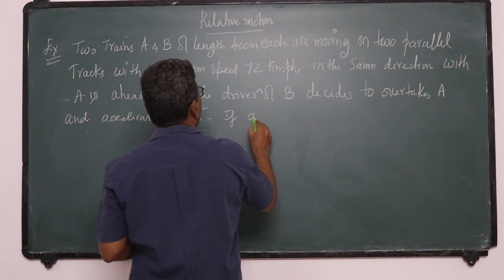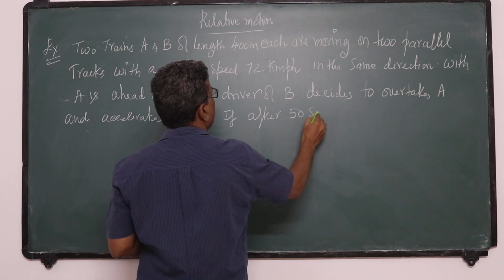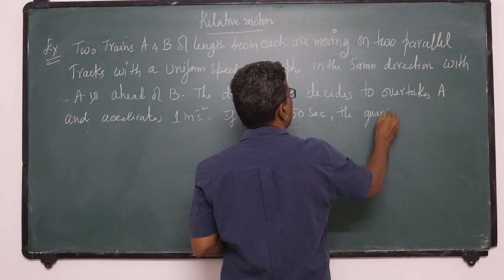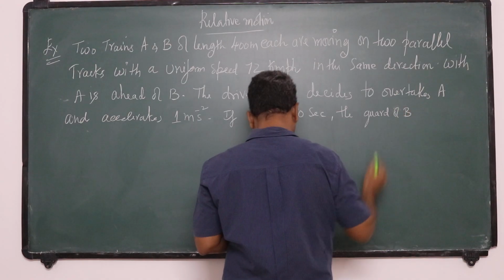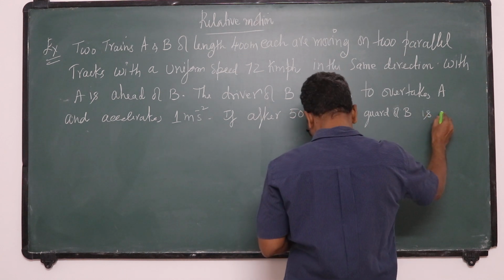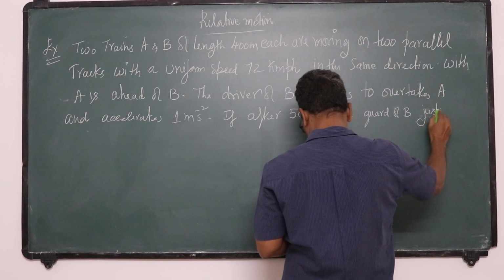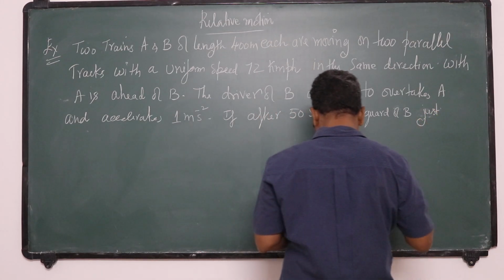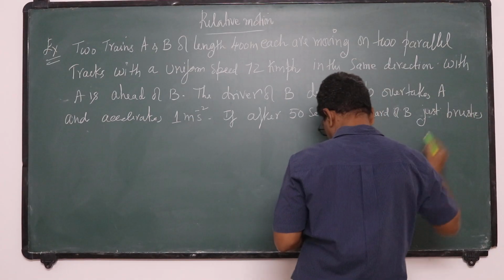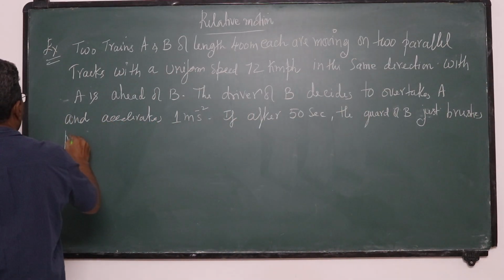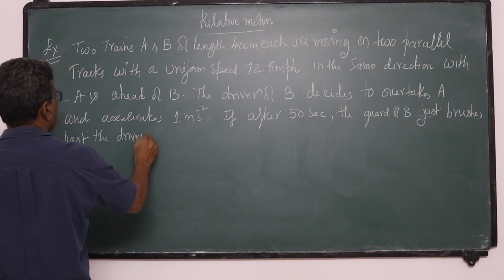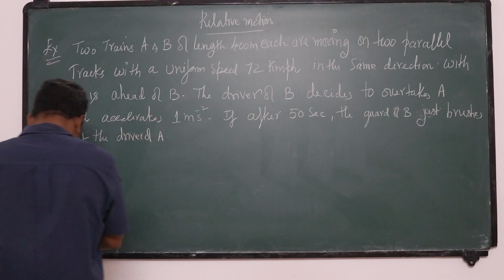If after 50 seconds the guard of B just brushes past the driver of A, what is the original distance between them?